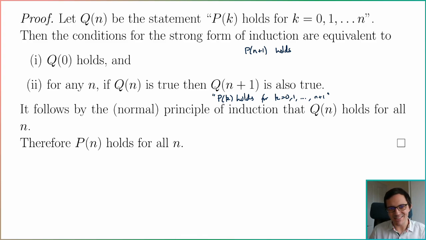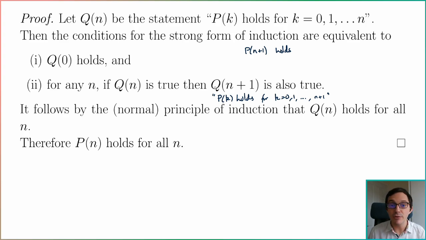This is quite good because it shows you that you can use normal induction to prove that the strong form of induction works. Going the other way, you might like to think about how you can use the strong form of induction, it's a bit more straightforward this way around, to prove that the normal form of induction works. So it's up to you. If you think that the normal form of induction is the obvious one, then this is a proof on the board that you can get the strong form of induction as a result.